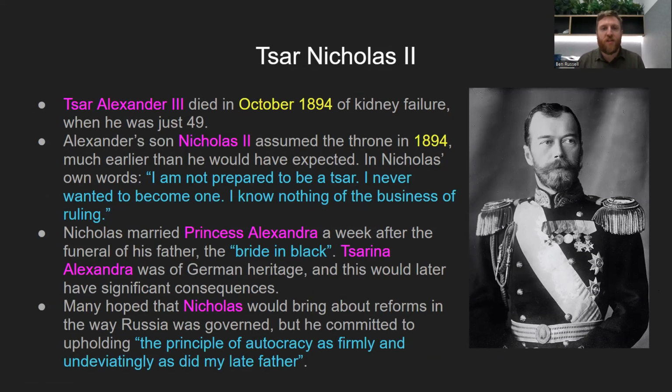Nicholas married Princess Alexandra a week after the funeral of his father, meaning that Princess Alexandra was referred to as the bride in black because this was a time of mourning, and yet they got married a week after Alexander III died. Tsarina Alexandra, as she became known, was of German heritage, and this would later have significant consequences.